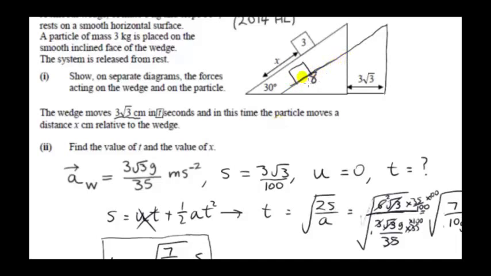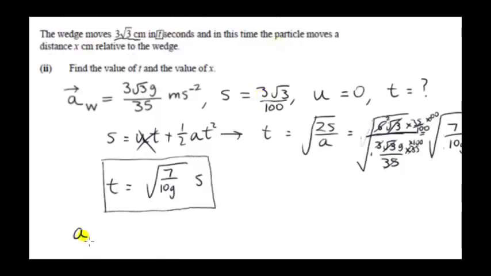Okay, so we're interested in the velocity of the particle relative to the wedge. So we can imagine a fixed point on the wedge, and we want to see the velocity of the particle relative to this fixed point on the wedge. Well, it's not the velocity we want actually, but the acceleration of the particle relative to the wedge.